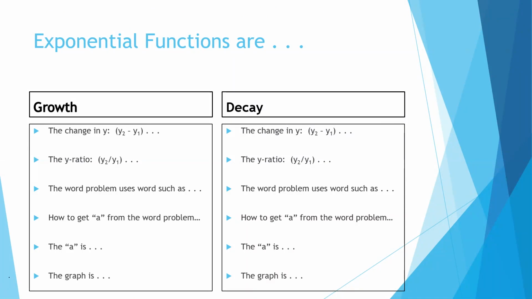So the first thing we looked at was the change in Y values. They started out very small and they got big quickly. So the change in Y values, first thing I noticed is that they're not constant. Second thing I notice is that they're increasing.